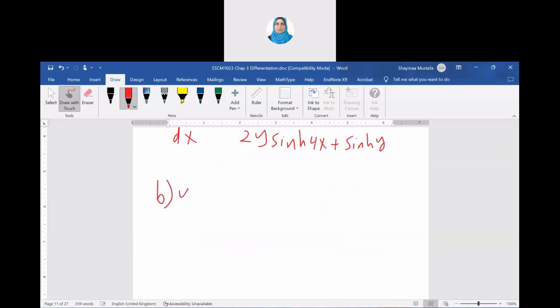y equal tan x plus y. So here also I couldn't separate y from x, so I need to go for implicit derivative.